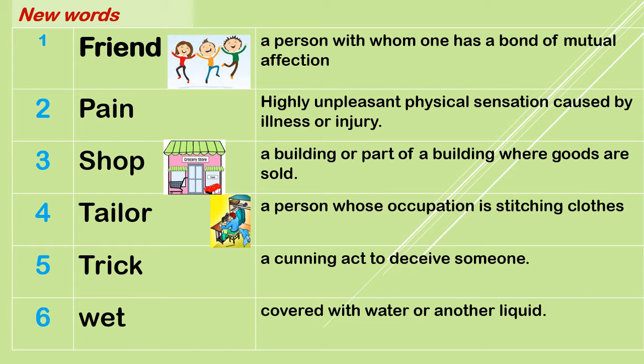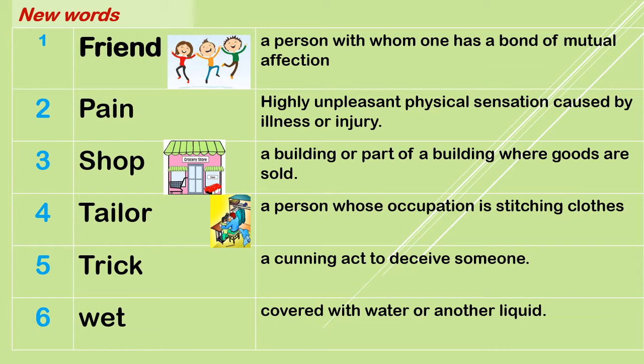Next is shop, a building or part of a building where goods are sold. So whenever we need things like sugar, milk, and other basic necessity, then we go to a shop. Tailor, a person whose occupation is stitching clothes. So a tailor is a person who basically stitches clothes.